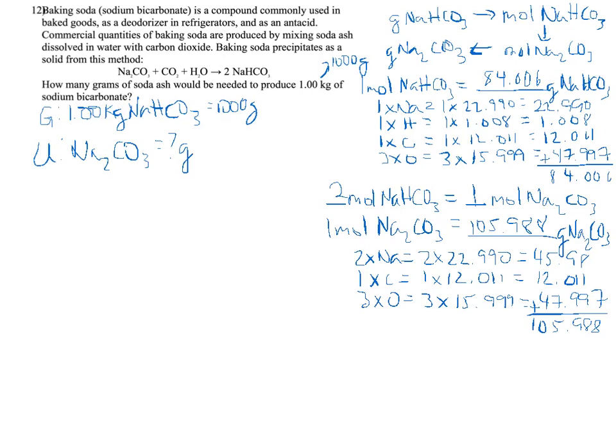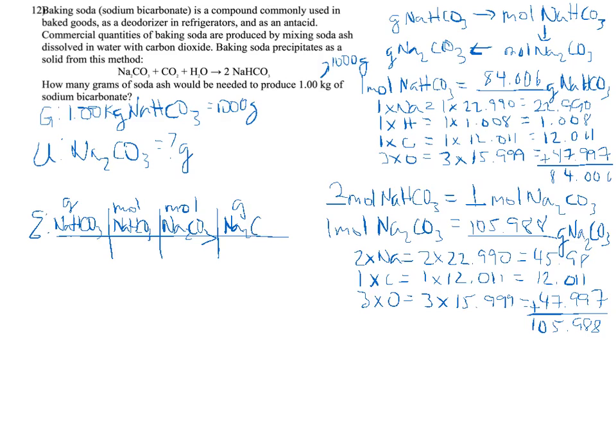Okay, so our equation, this is a 3-step. We're starting with grams of NaHCO3. We're going to moles of NaHCO3, and then into moles of Na2CO3, and then into grams of Na2CO3. Remember that this here is just our mole map: grams, moles, moles, grams. And we need our units to cancel out.